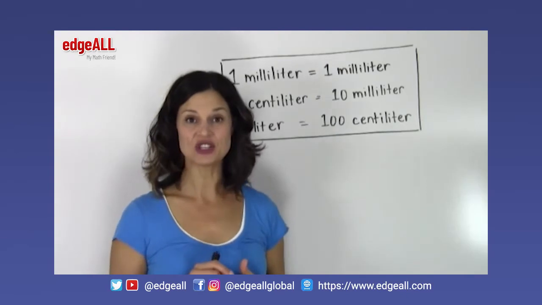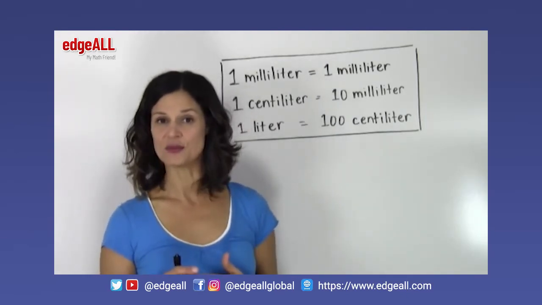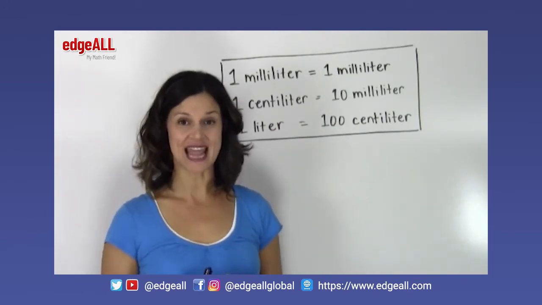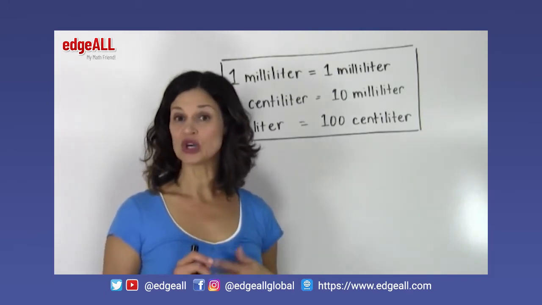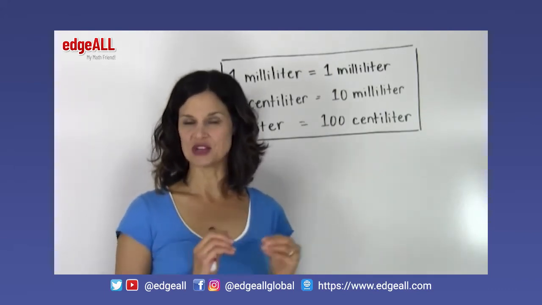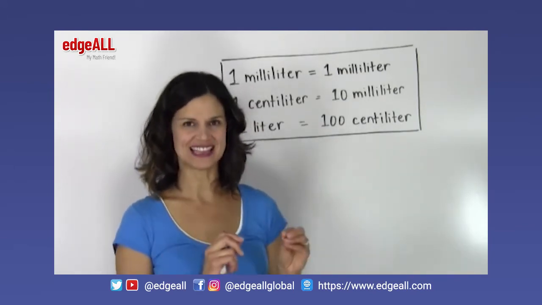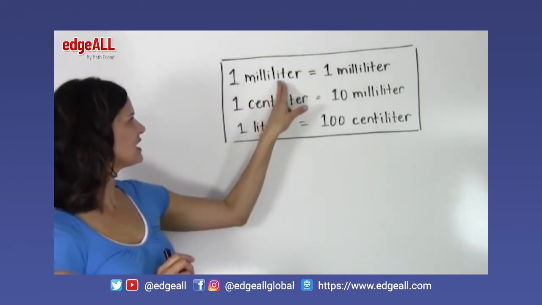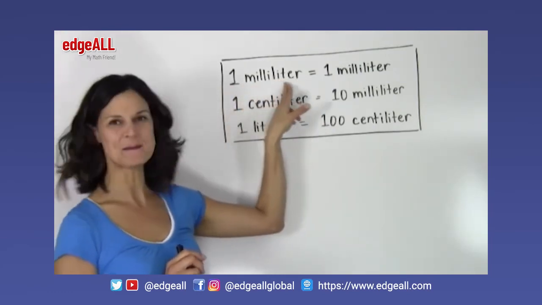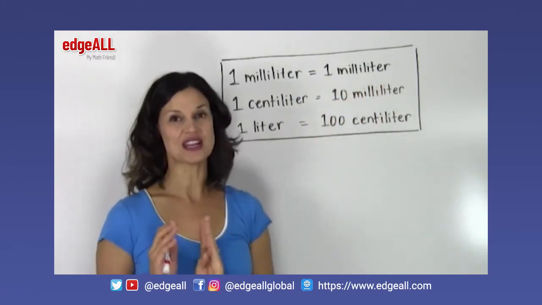Although this table shows the metric units of capacity or volume, the metric units of mass and length are the same. Instead of the word liter, we would use the word gram for measuring mass and the word meter for measuring length. So you would be able to insert the word meter here, for example, 1 millimeter equals 1 millimeter if you're measuring length.